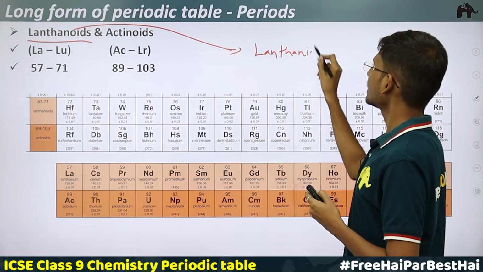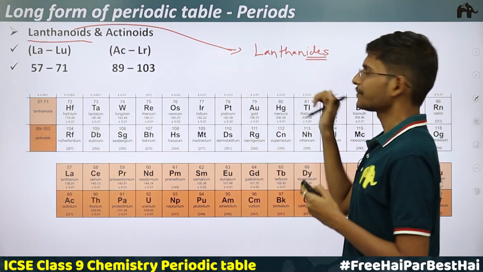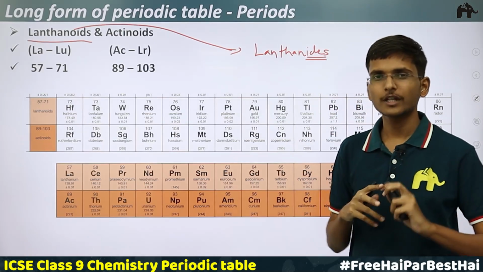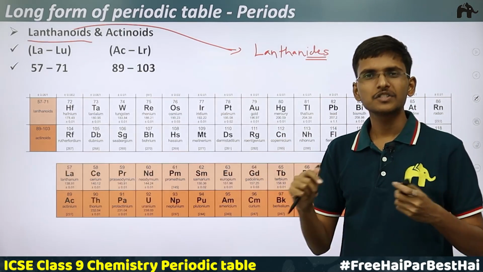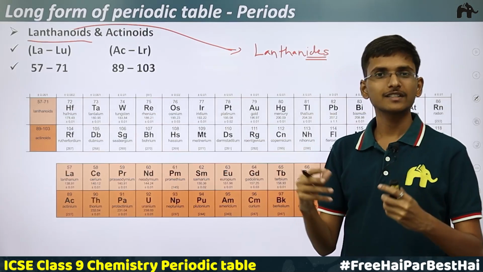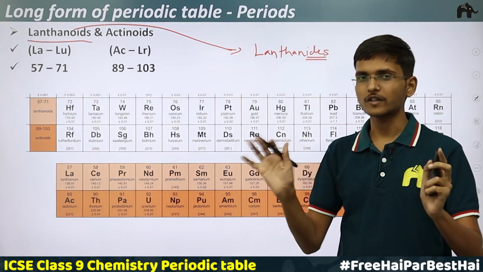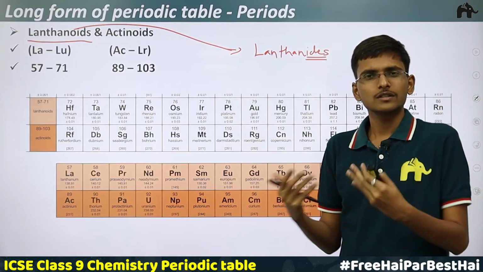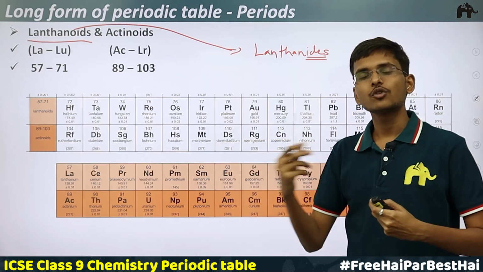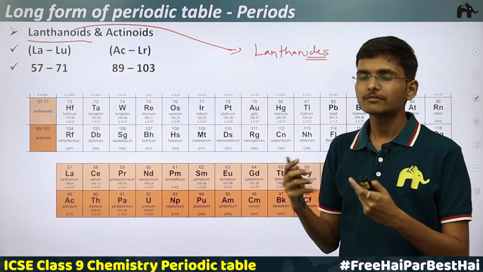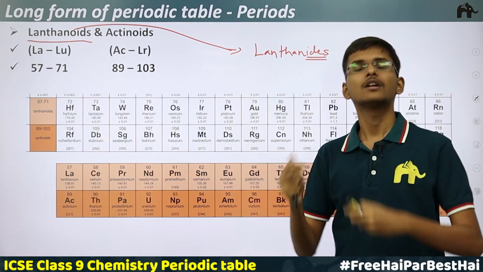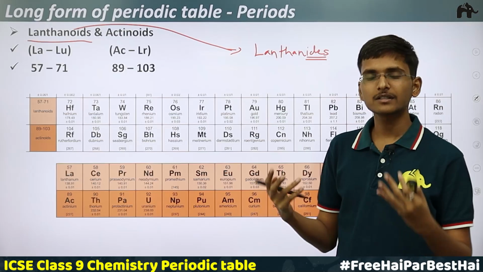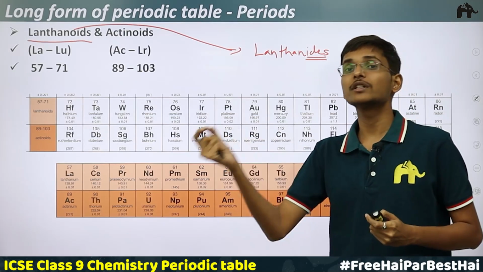But here, IUPAC has suggested, IUPAC is a body which takes care of the concepts of chemistry and its modifications, because slowly and gradually, new experiments lead us to newer discoveries.